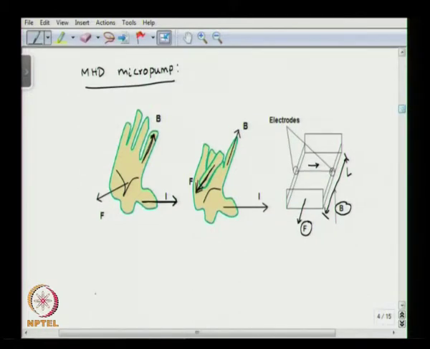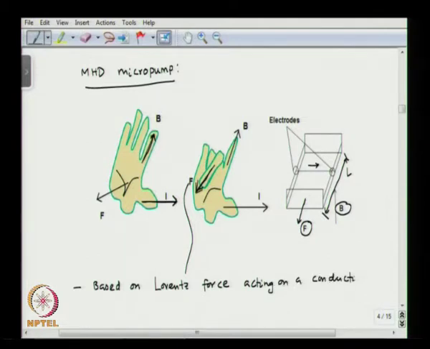So the magnetohydrodynamic pumping is based on the Lorentz force. This force is called Lorentz force, that is acting on a conducting solution.